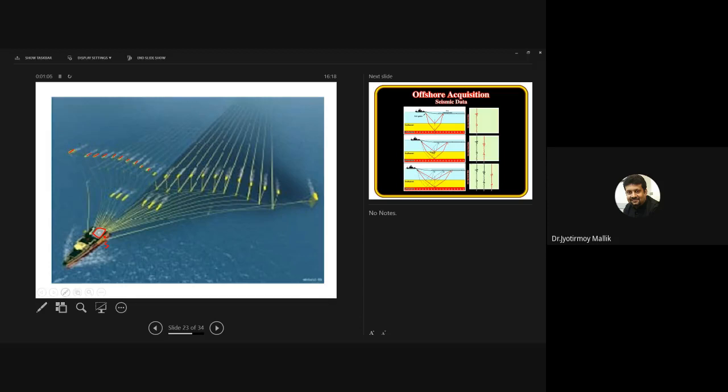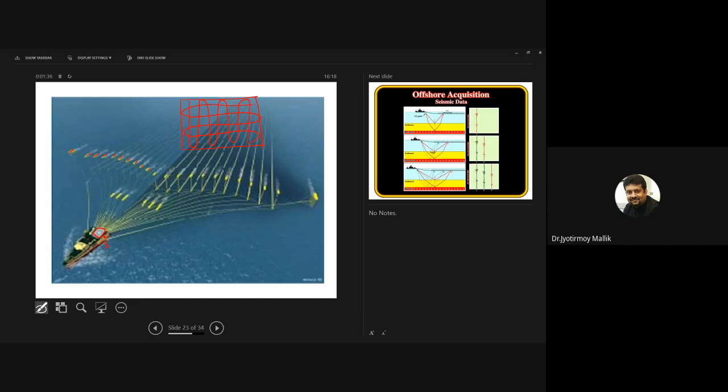So suppose this is the area we want to investigate. The seismic vessel goes in one direction, then the other direction, like this, and it covers the entire area. After this is done, they do a perpendicular traverse.